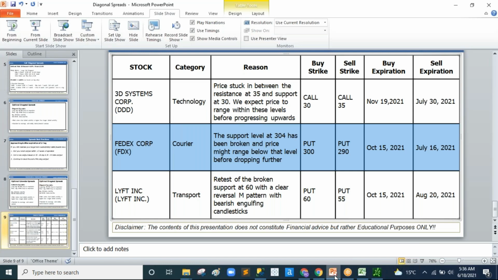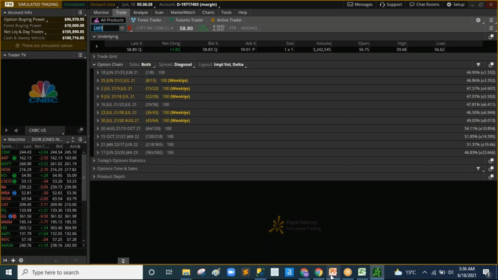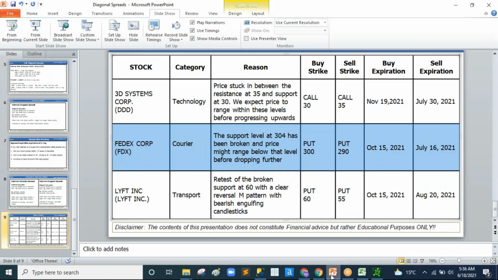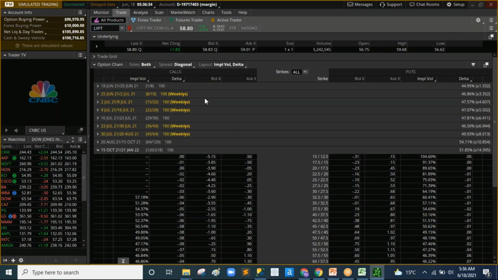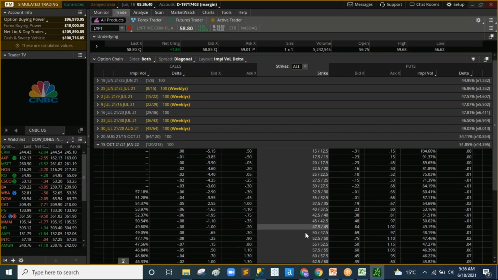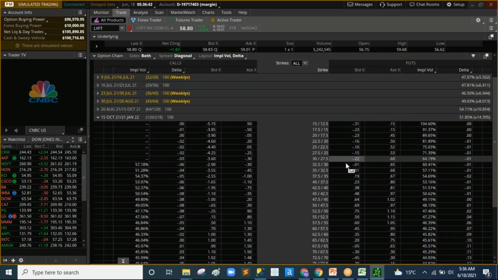Yeah. So you're looking at puts 60, 55. Expiration October 15th. So October 15th. So now this one we are going on this other side. Remember, we are selling. We are working with puts.